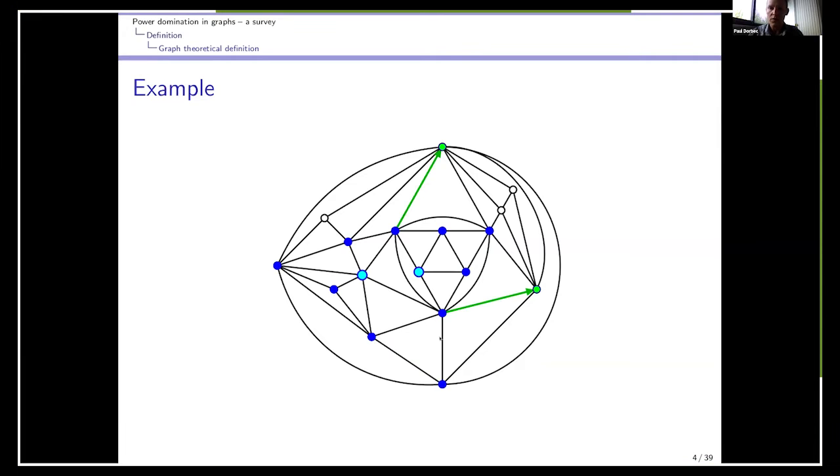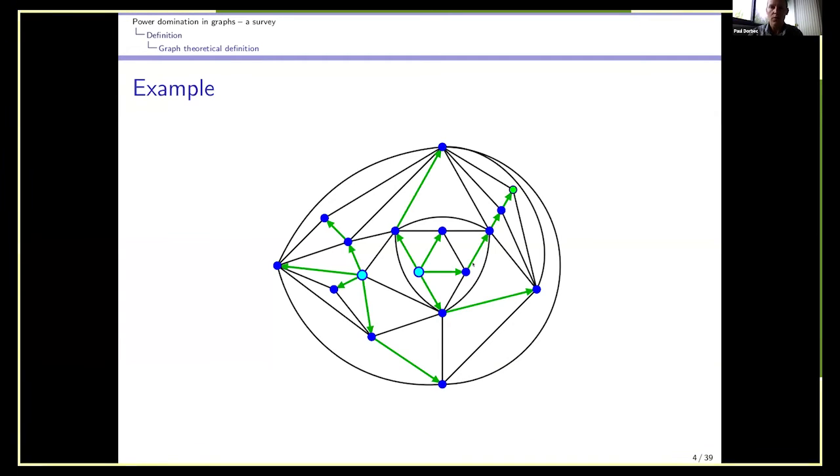So for example, now this vertex has all of its neighbors monitored except that one, so it will propagate here. And the same for this one. So I put these two green vertices again in the blue set. And then these two vertices only have one neighbor not monitored yet. And finally, I dominate everything.